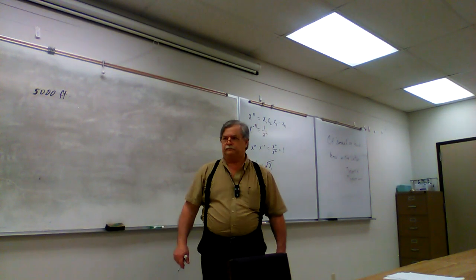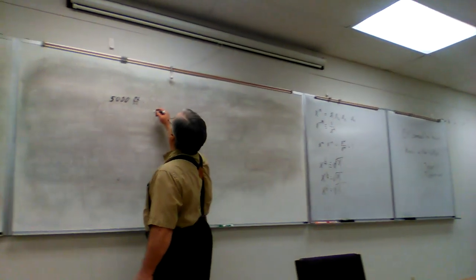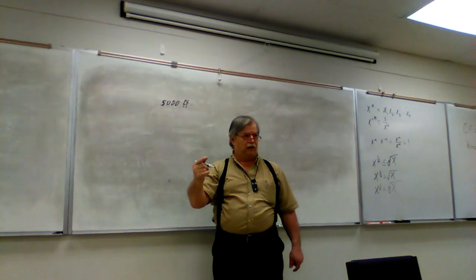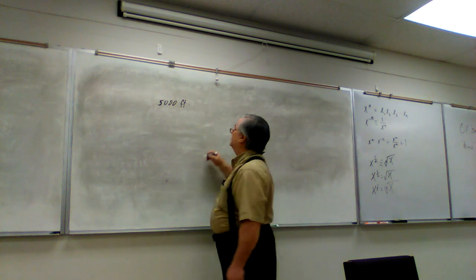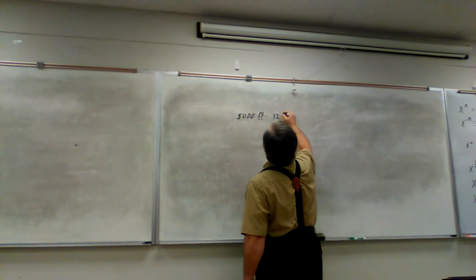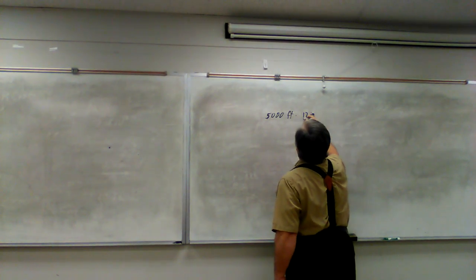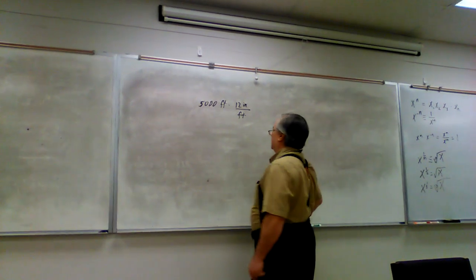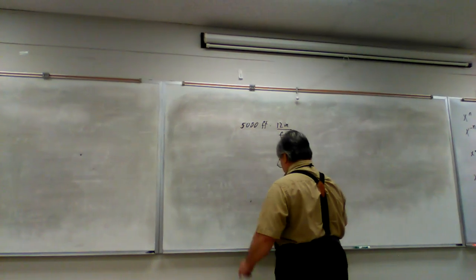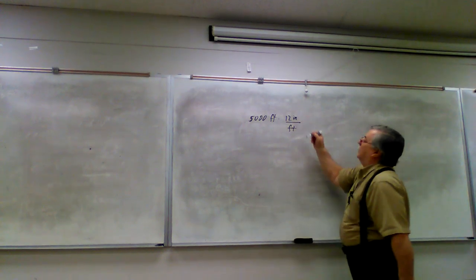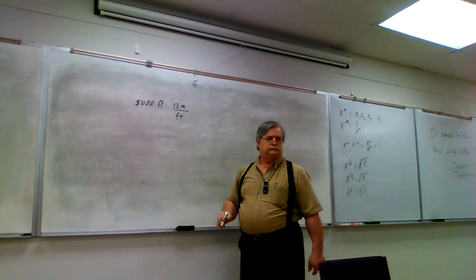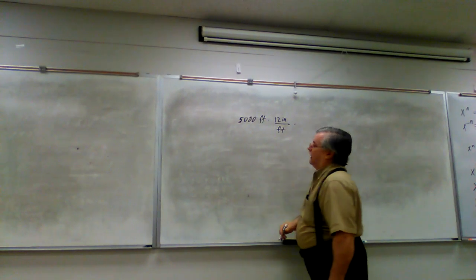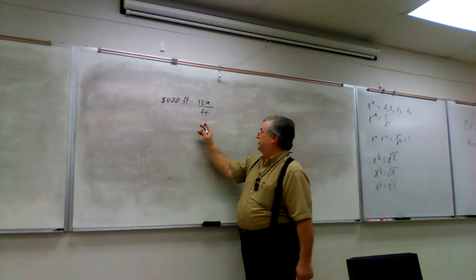Okay. Well, we know that there are 12 inches in every foot. So we multiply by 12 inches per foot. What happens to the feet?